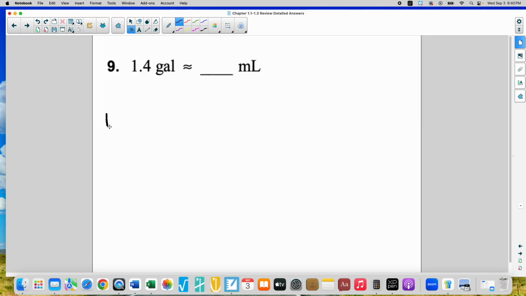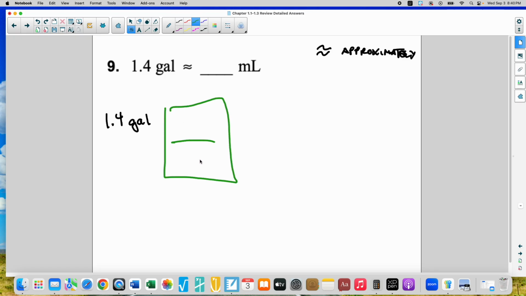All right. This is where it gets funky. Notice this is our first approximation. This little squiggly means approximately. So I'm going to have to do a conversion box. So can I go gallons to liters? Yeah, let's do gallons to liters.